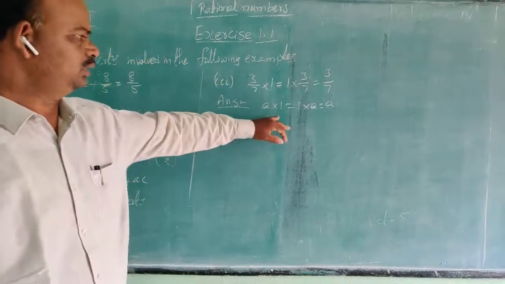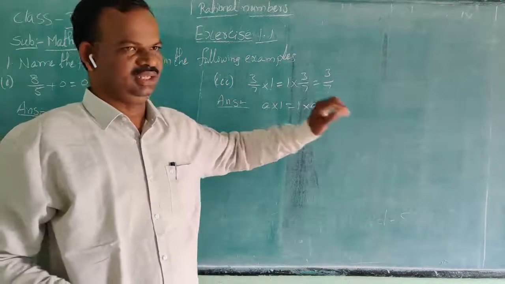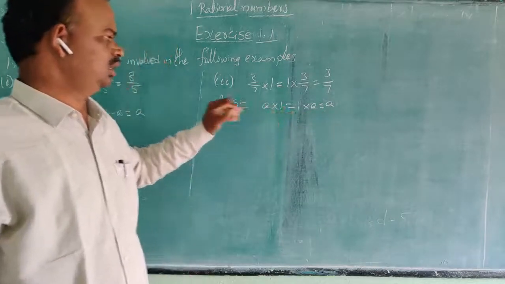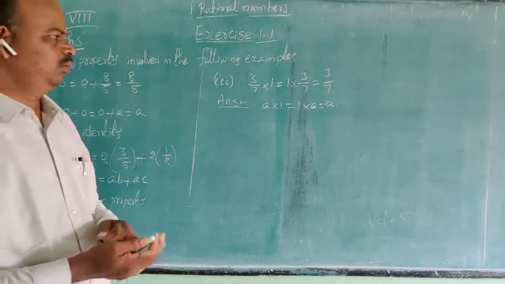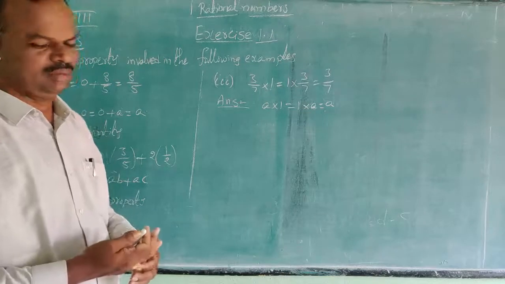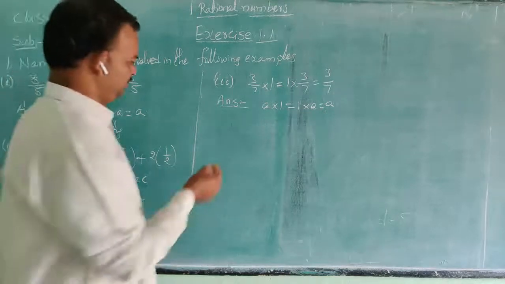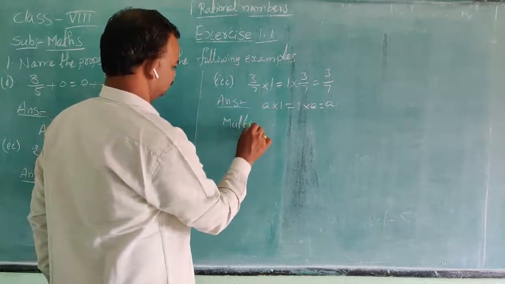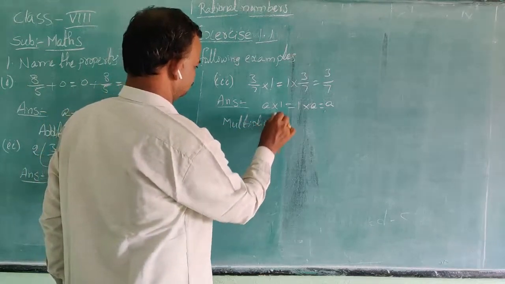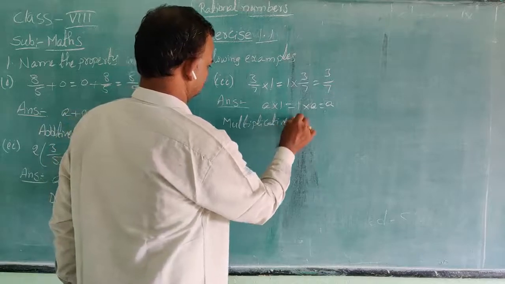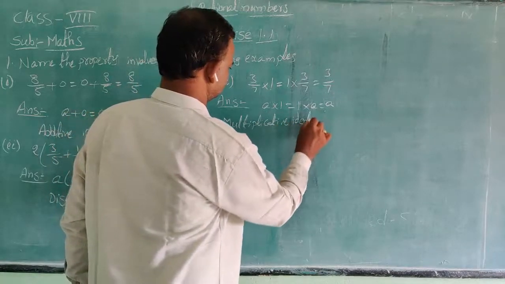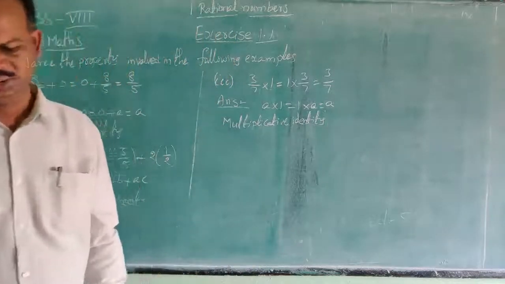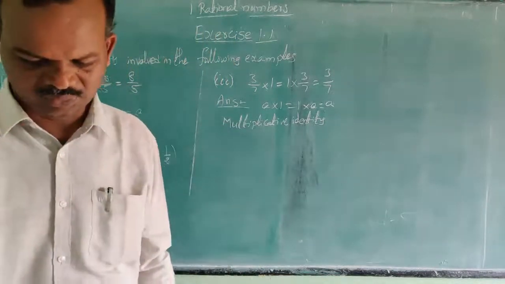This is in the form A into 1 is equal to 1 into A is equal to A. This is the property multiplicative identity.